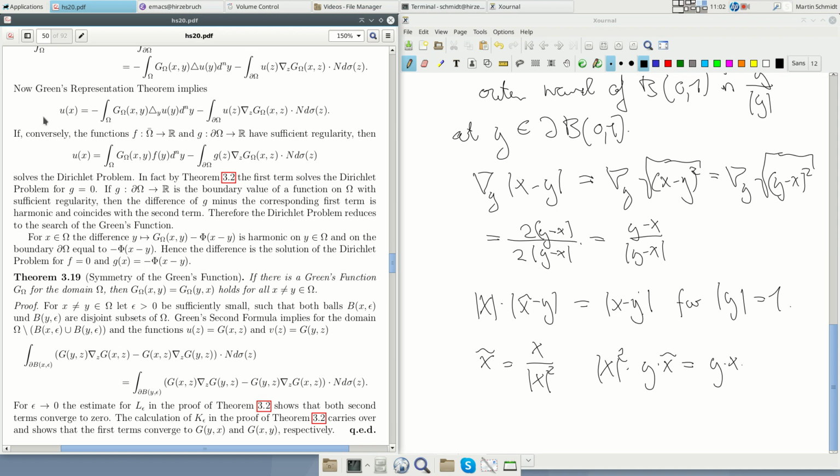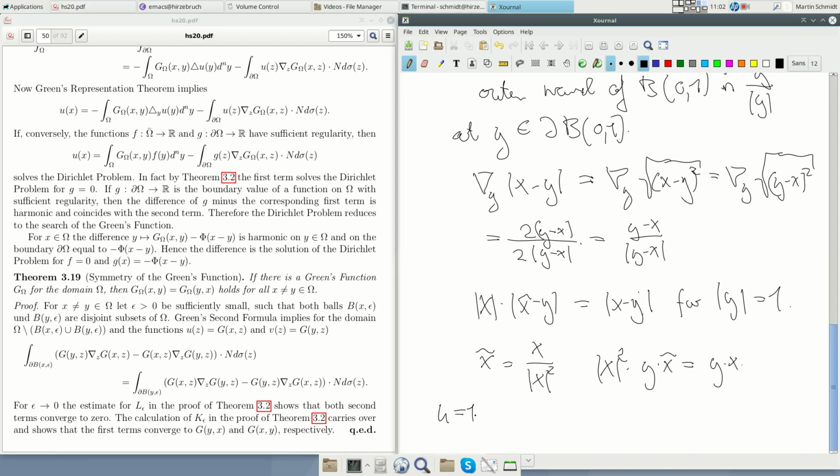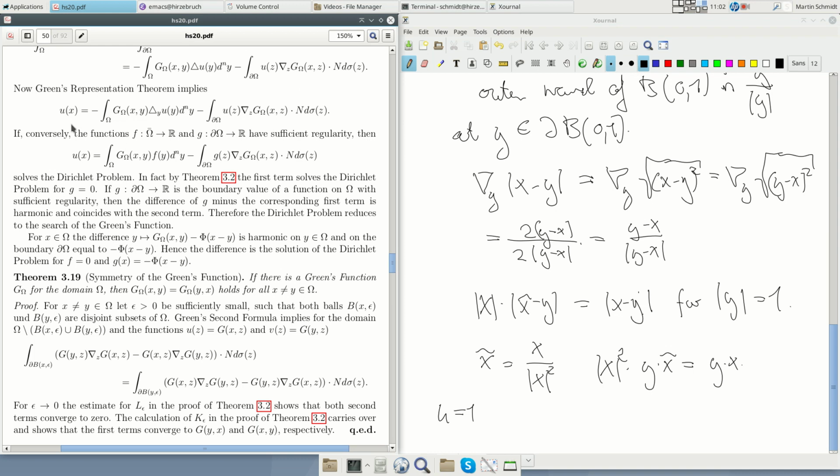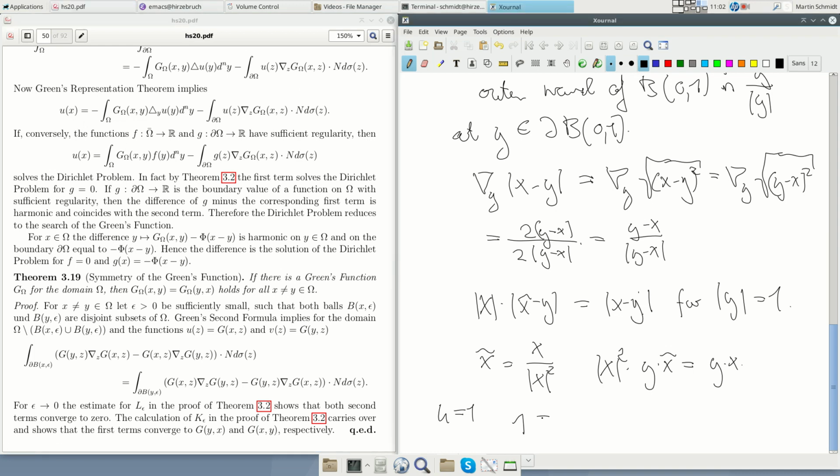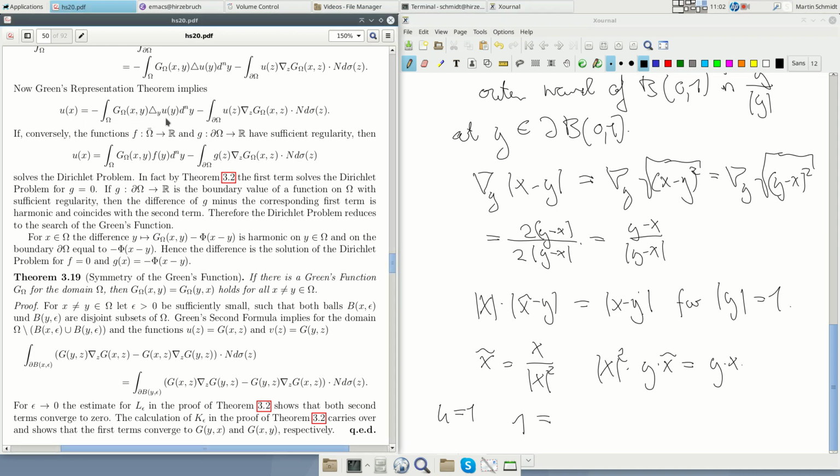In general, this formula holds. If we insert u equals 1 in this formula, then we have 1 on the left. Now all derivatives of 1, of a constant, are 0.